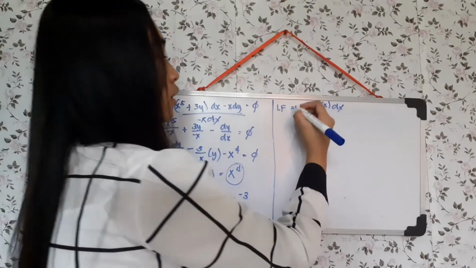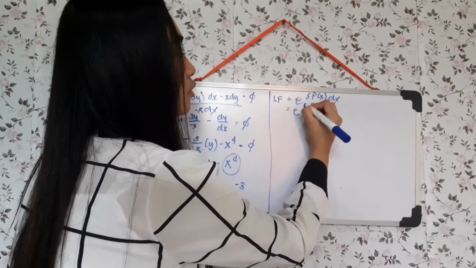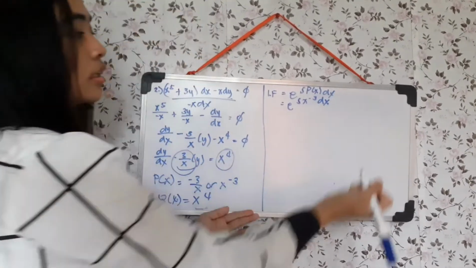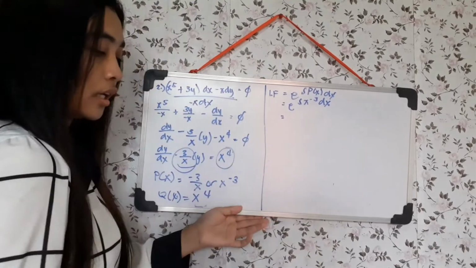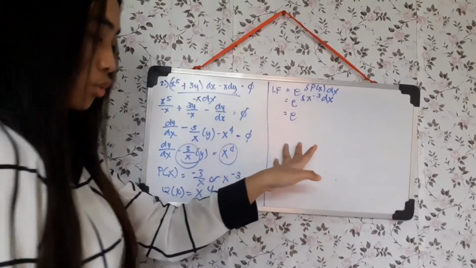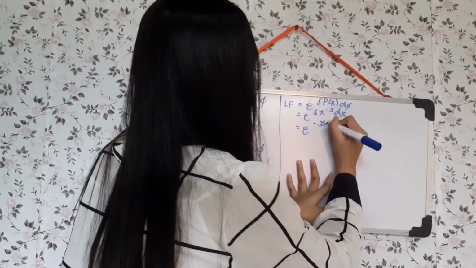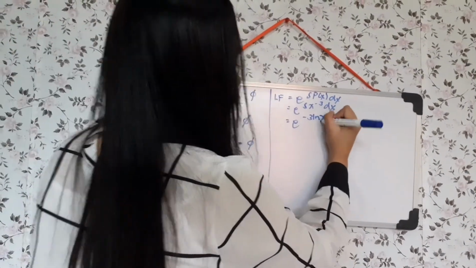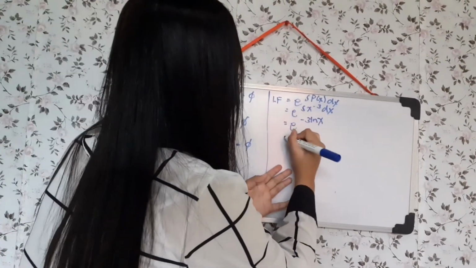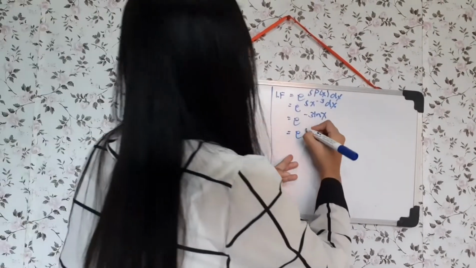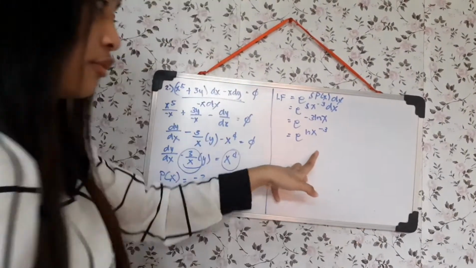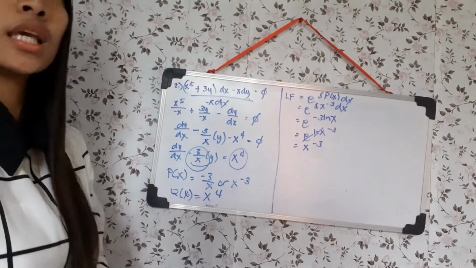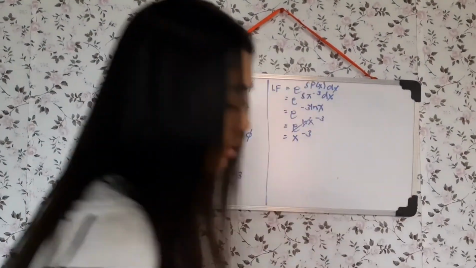Then substitute: e raised to the integral of negative 3 over x dx. So we have e raised to negative 3 ln x. Then we have equals e raised to ln x raised to negative 3. Then cancel, and the integrating factor would be x to the negative 3.